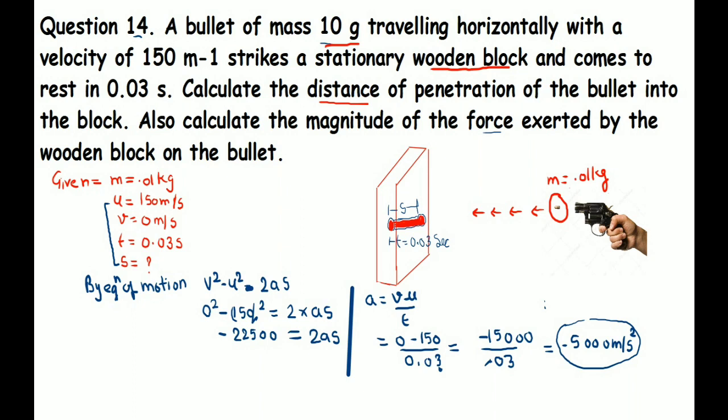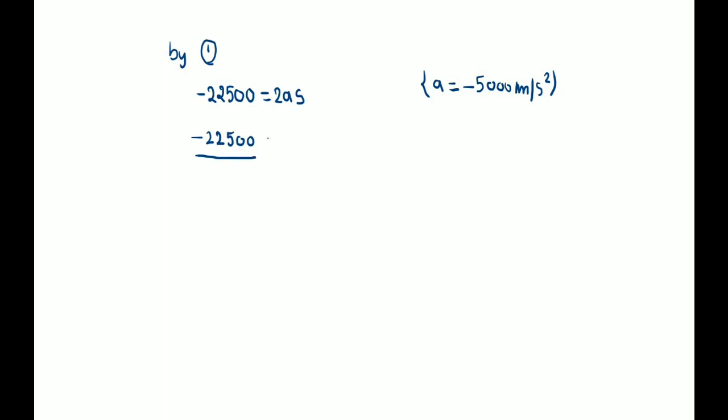Now see student, this value of acceleration can be put in equation number 1. Let me give the equation number 1 over here. So by equation 1 we will have minus 225 is equal to twice of a s. And what have we found? We have found the value of acceleration is negative 5000 meter per second square. Placing this value over there, it equals 2 into negative 5000, into s multiplied by s.